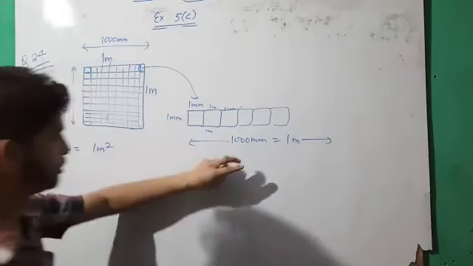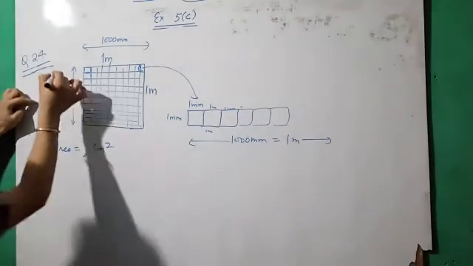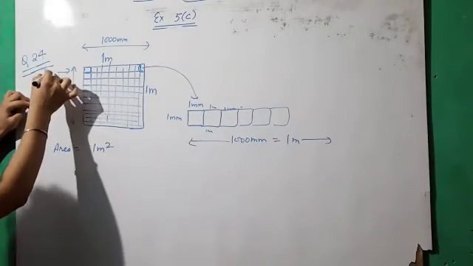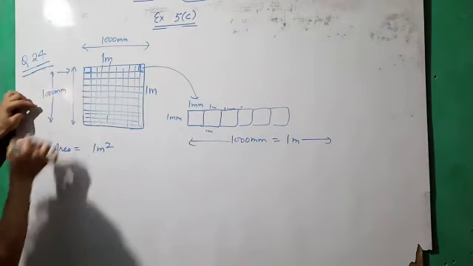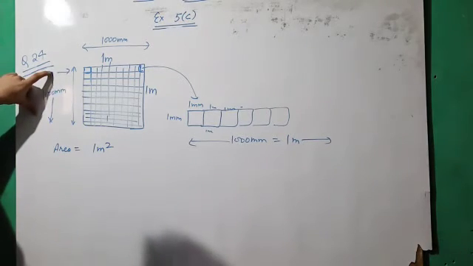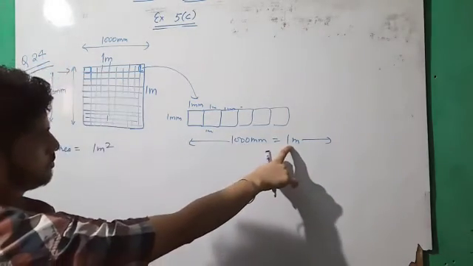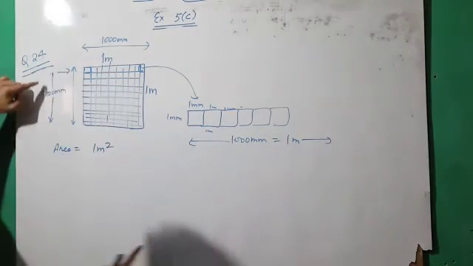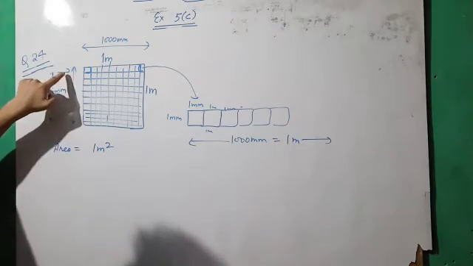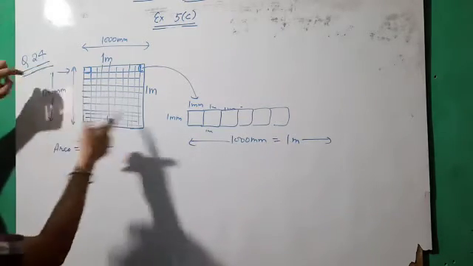This is only the first row, and we have 1000 rows like the same. So the sum of the first row is 1000 mm, which means 1 meter. We have 1000 rows like this: first row, second row, third row, up to the 1000th row.